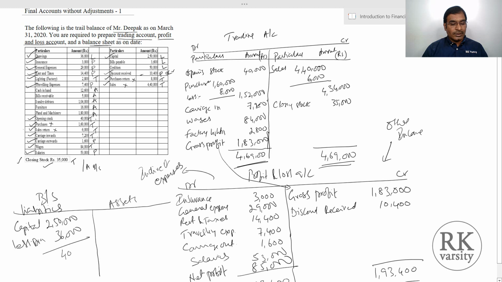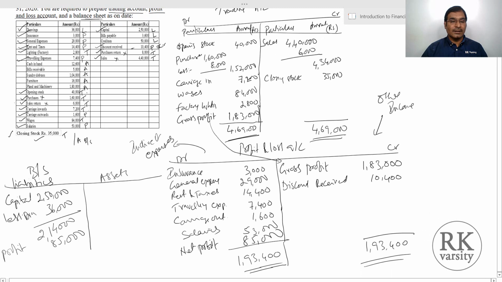So this is 2,14,000 as the capital, and then we'll add profit here. Profit is how much? 85,000. Then you have bills payable.